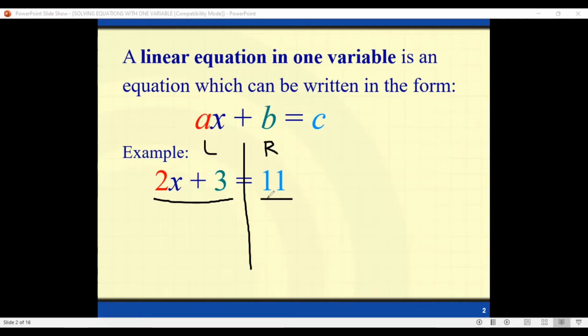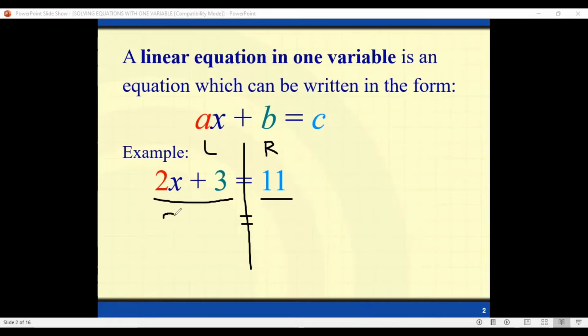And we are going to use properties so that we can separate the variables from the constant. We are going to leave all the variables on the left-hand side of the equation, and the constant on the right-hand side.